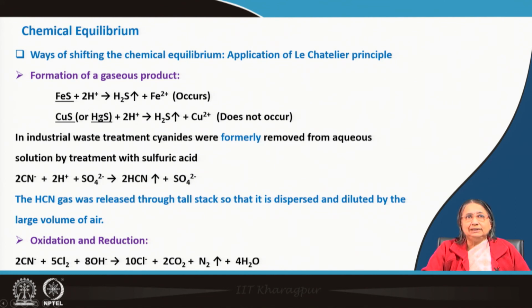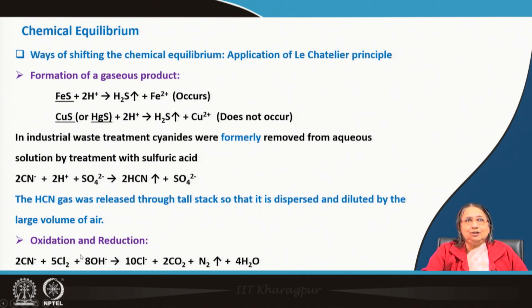Because it is so insoluble that almost no H2S is generated to drive the reaction forward. Another example is industrial wastewater treatment of cyanide. When cyanide reacts with H2SO4, HCN gas is produced, which is volatile and goes out, driving the reaction towards the forward direction.